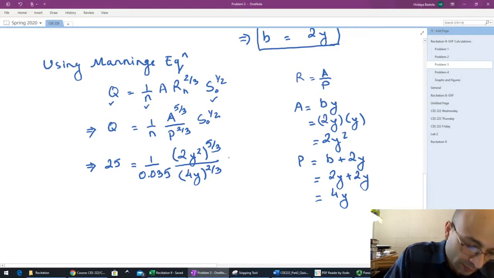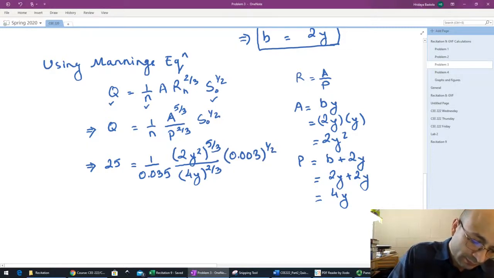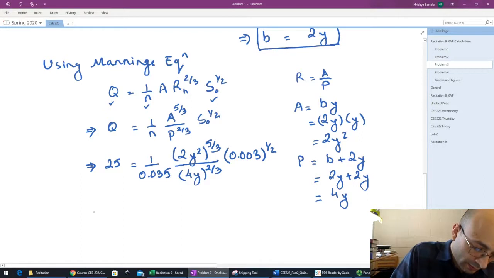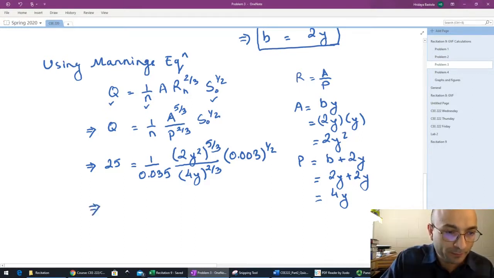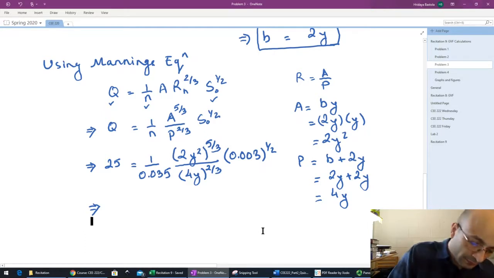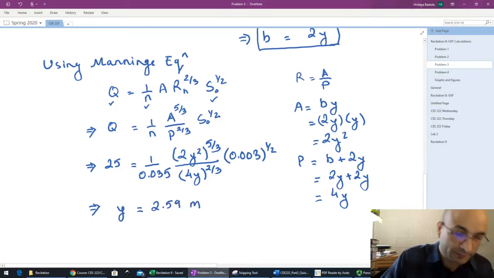We have a slope of 0.003 to the power half. So now we have an equation where the only unknown is y. We can then solve for y. We'll get a y value of 2.59 meters.